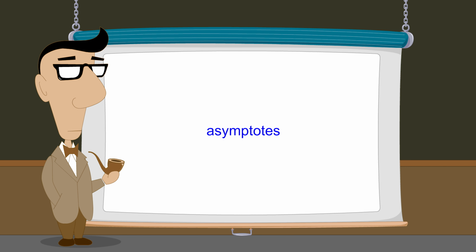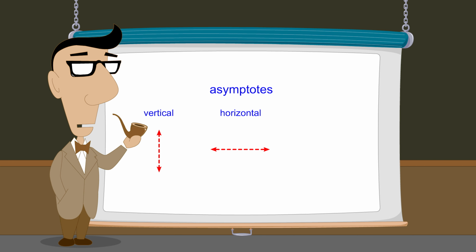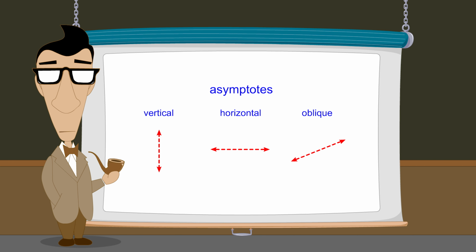Although the term asymptote typically refers to linear asymptotes that are either vertical, horizontal, or oblique, asymptotes can also be curves called curvilinear asymptotes.